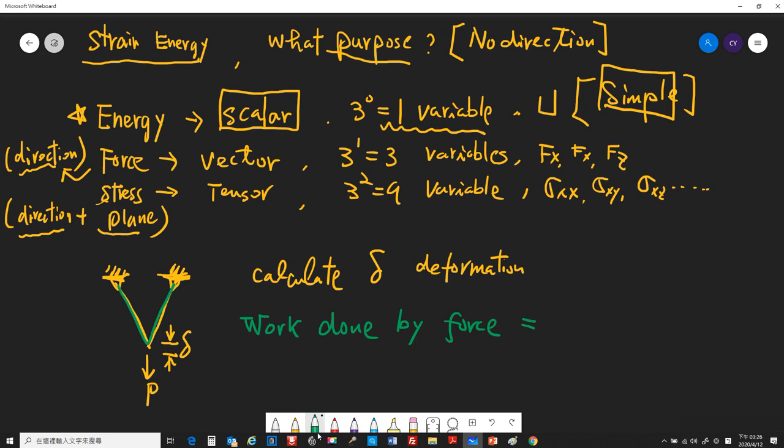I mean the work done by the force is very easy to calculate by P and the delta.